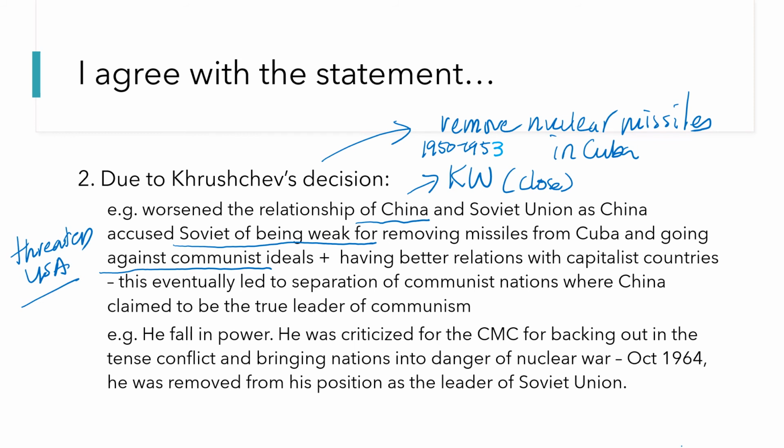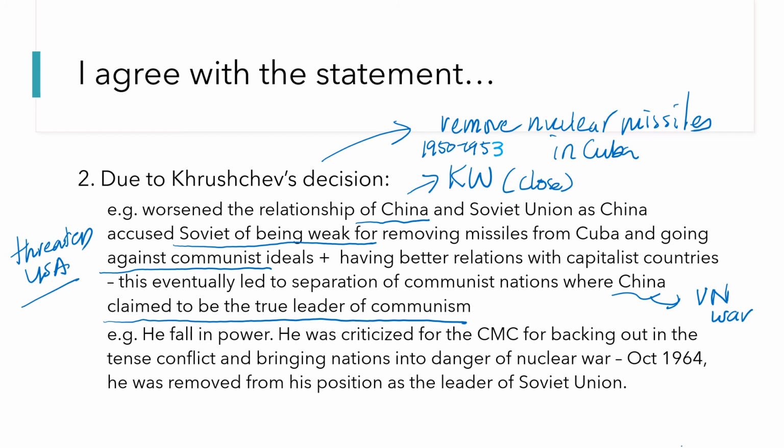Because of that, communism itself was kind of weak, because both China and the Soviet Union couldn't come to a compromise. China broke free from the Soviet Union brand of communism and claimed to be the true leader of communism. They also went ahead to support Vietnam in the Vietnam War. Even though it's not in the syllabus, it's good to know.